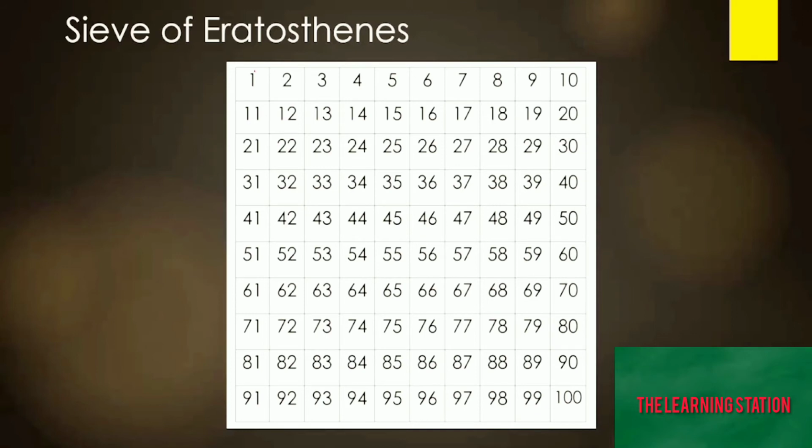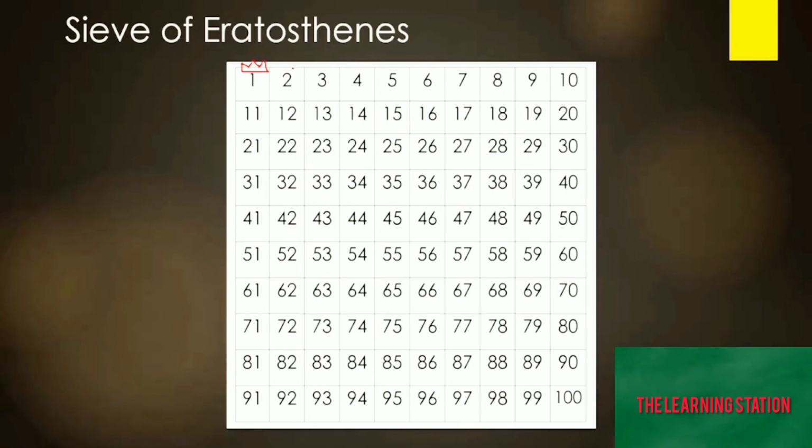First of all, whenever you have these number charts, please make a crown over number 1, because 1 is called a unique number. It is neither a prime nor a composite number. Why? Because it does not come in any other table apart from 1 itself. So we do not consider it either as prime or as composite.